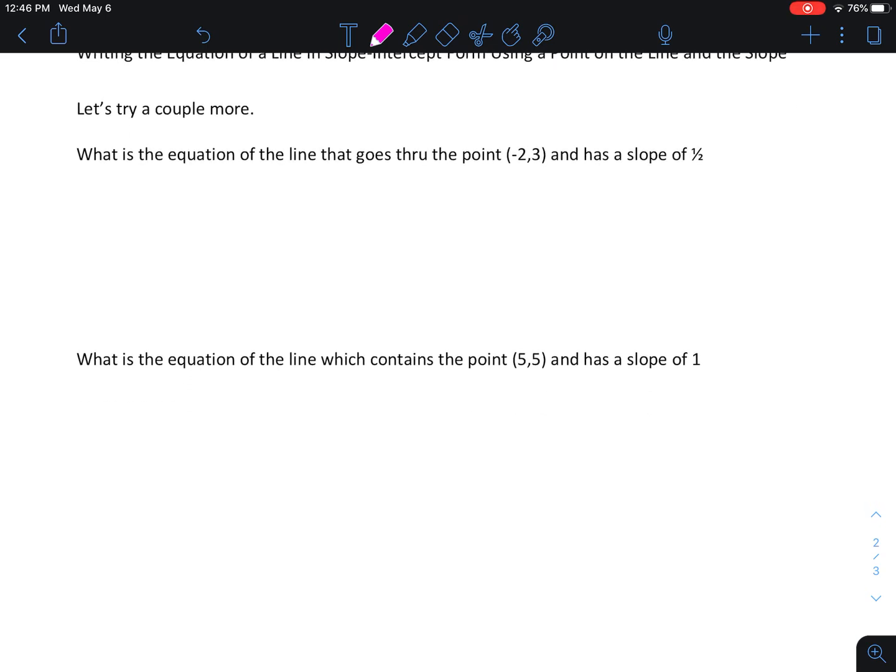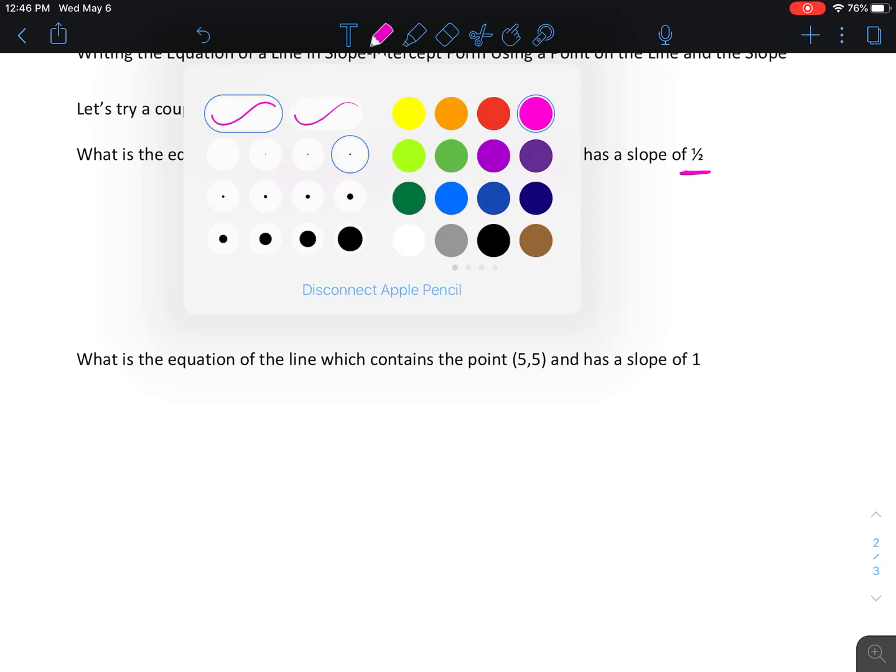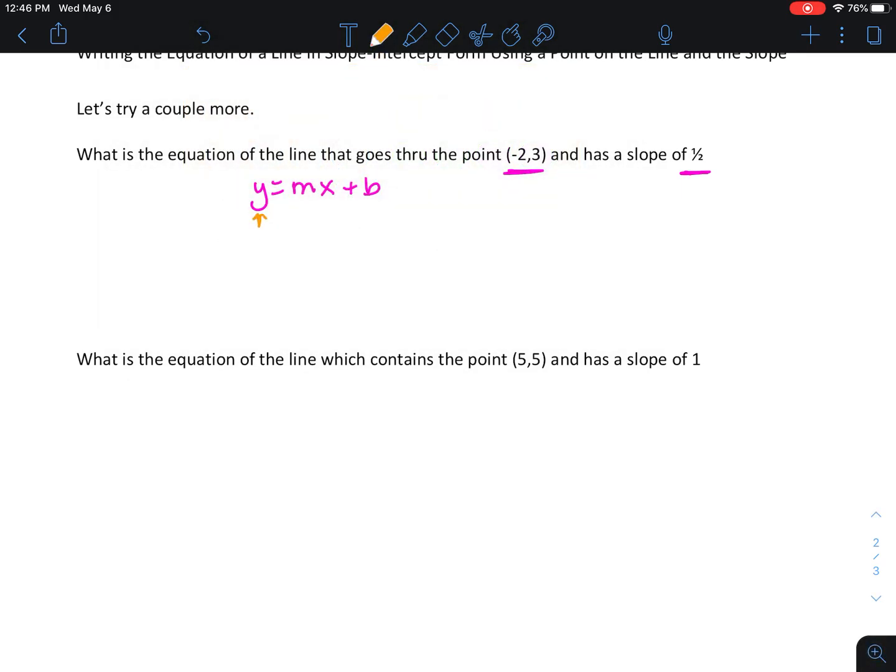Here's the next one. What is the equation of the line that goes through the point (-2, 3) and has a slope of 1/2? So remember what the steps were. First, write down y equals mx plus b. Then we're going to substitute the y value, the m value, and the x value that we were given in the problem.